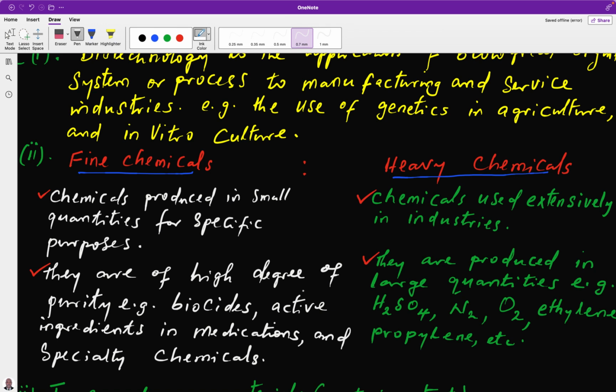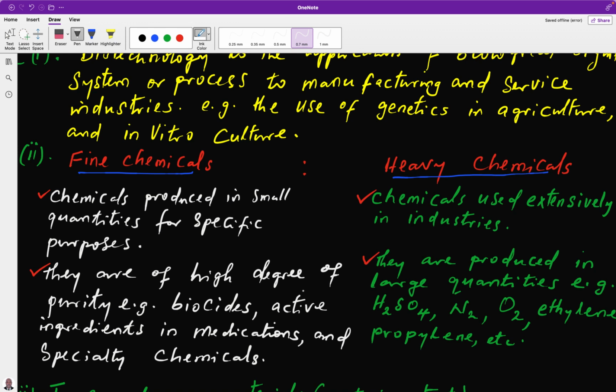The second one, fine chemicals are of high degree of purity. For example, we are talking of biocides, active ingredients in medications, and specialty chemicals. These are what we call fine chemicals.